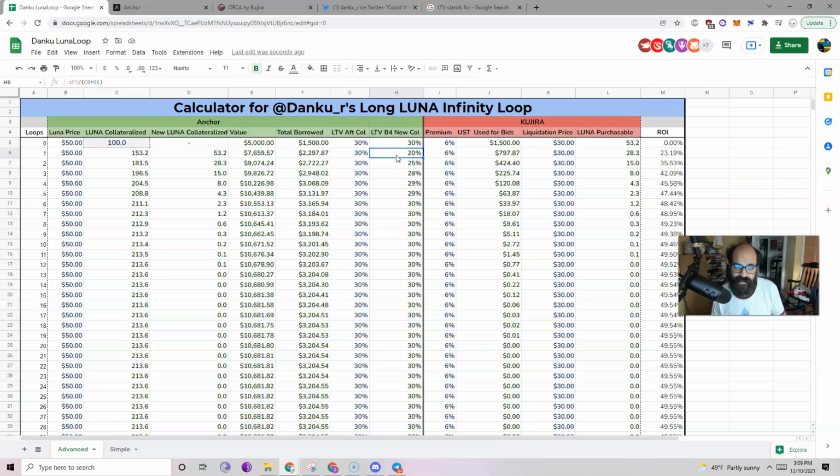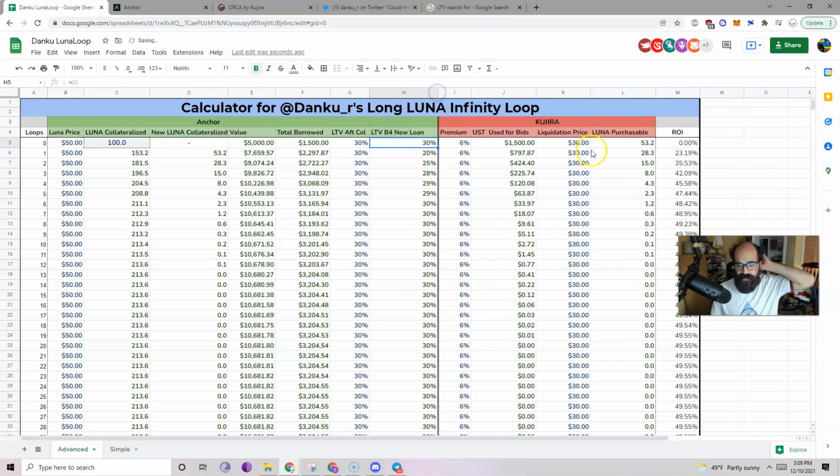So what you'll notice is after the first loop, before you loan again, so I guess it should be LTV before new loan. The LTV before you loan again, so this is, right, you take that 53.2, you recollateralize it, and so now you have 153.2.